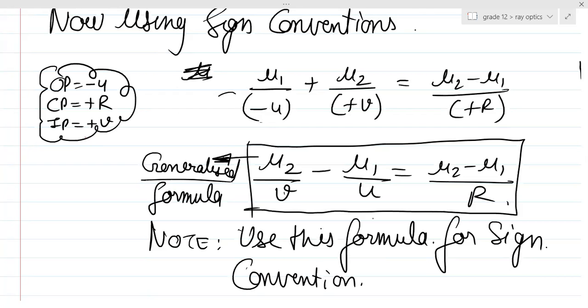Okay? I'll try to cover the remaining portion of ray optics later on in December when everything is finished, or maybe in January, anyway before your paper. Okay? But till that time, let me finish off with the remaining. Okay?